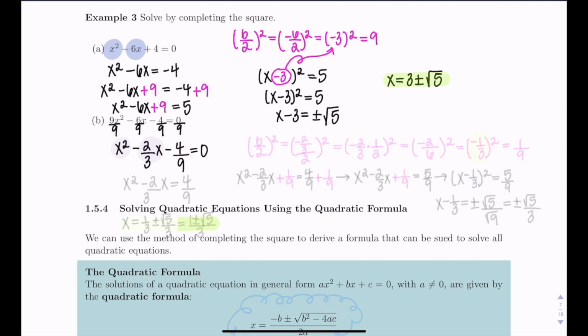Now we want to have our x squared and our x's by themselves. So this term and this term need to be by themselves, so we need to add 4/9 to both sides. So we have x squared minus 2/3 x is equal to 4/9.